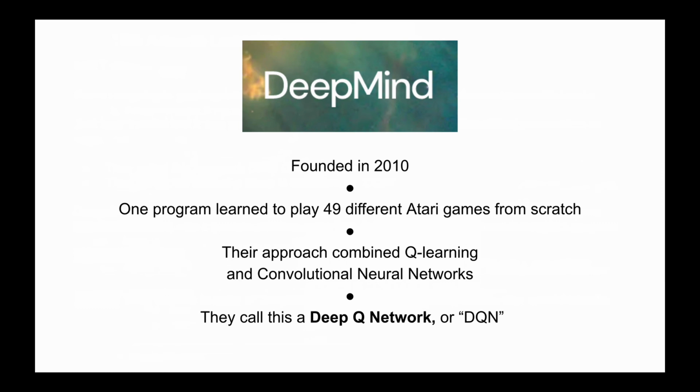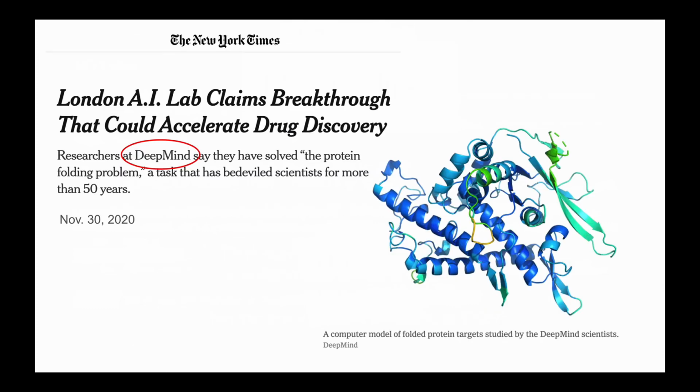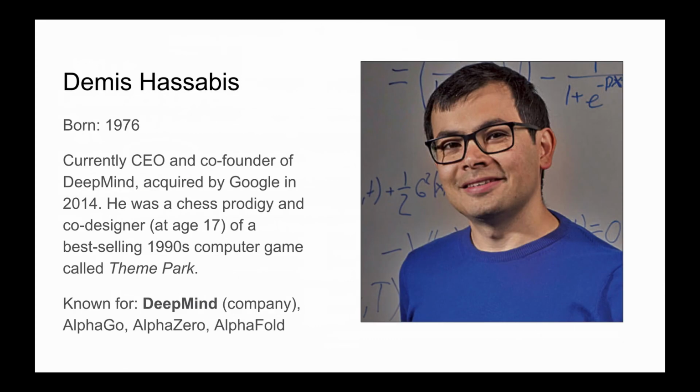DeepMind is the company that created AlphaGo, and later we'll learn more about how they've gone beyond games with a protein folding algorithm that's been hailed as revolutionary. You'll see the founder of DeepMind, Demis Hassabis, throughout the film about AlphaGo.